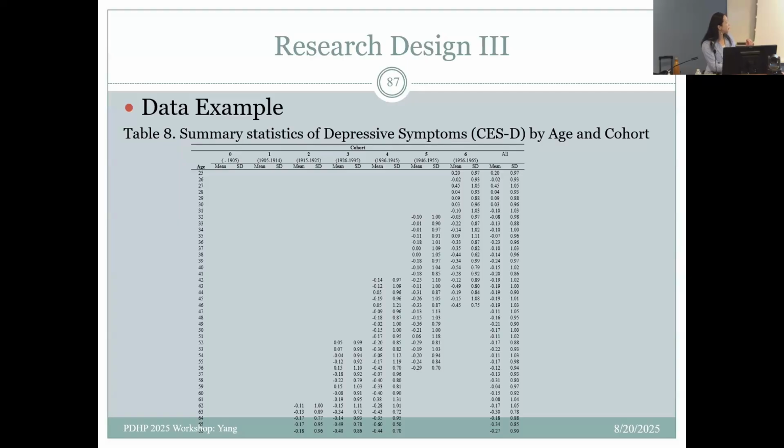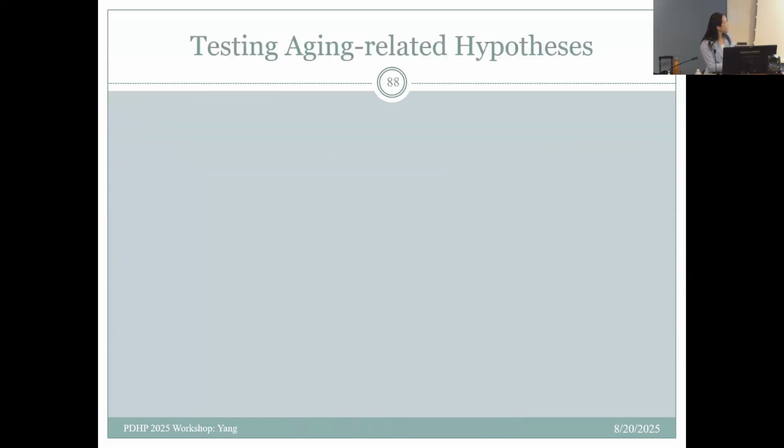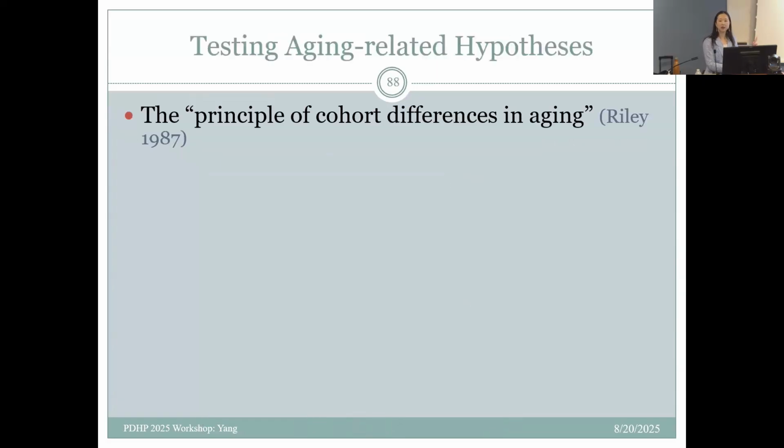That gives cohort-specific age trajectories that follow exactly the same shape that I showed earlier, except that it is transposed. Doesn't matter which direction. So this is the kind of data we're dealing with.